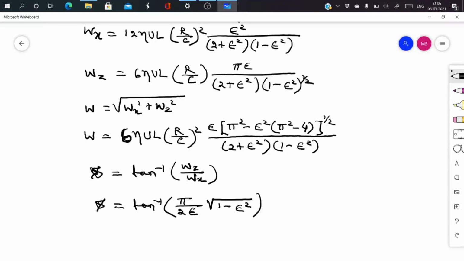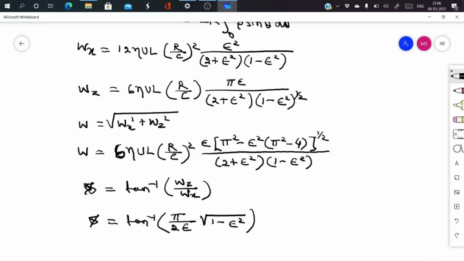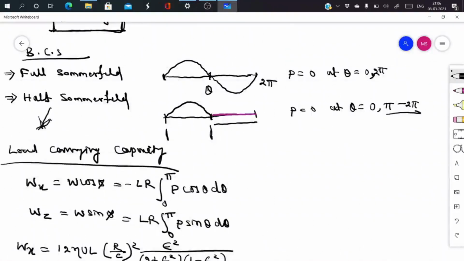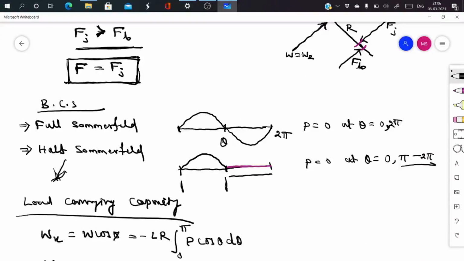Now if you proceed further, you can find out the friction shear stress at journal surface, friction force and friction coefficient. But altogether the pressure profile that we got for half Sommerfeld was slightly, although we cannot say close, but it is a better approximation rather than full Sommerfeld solution.